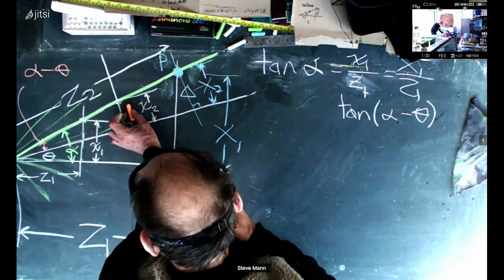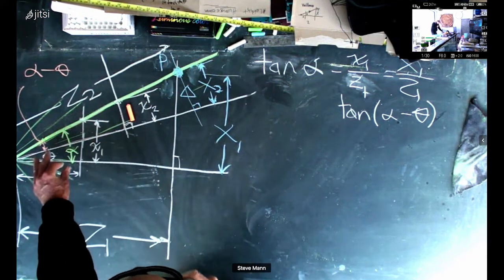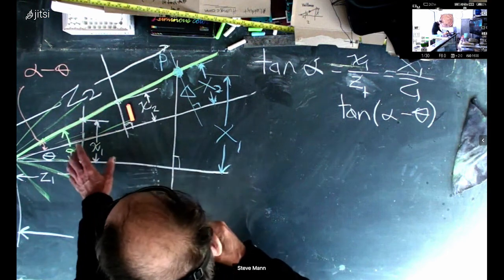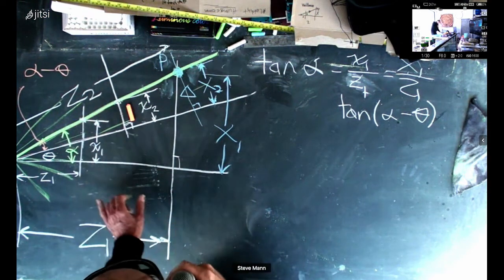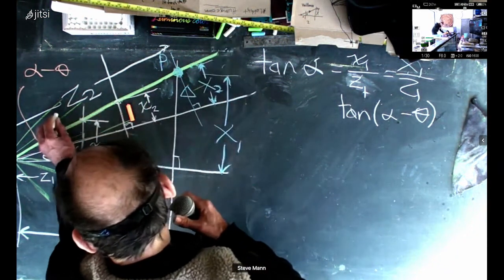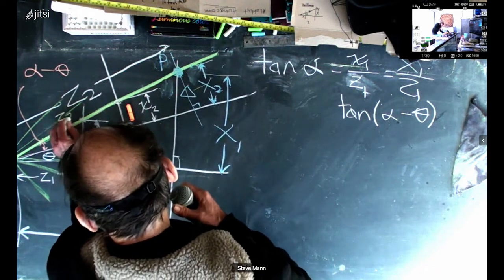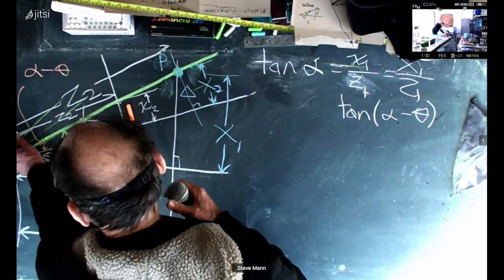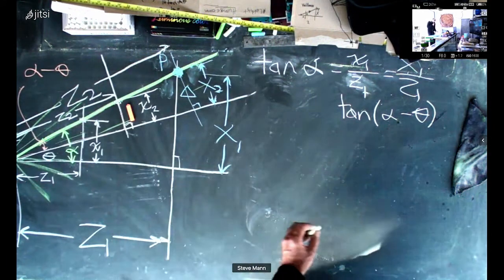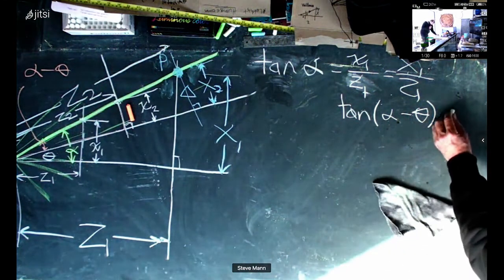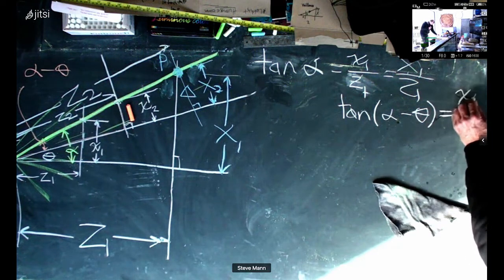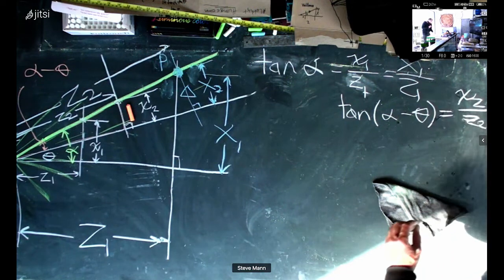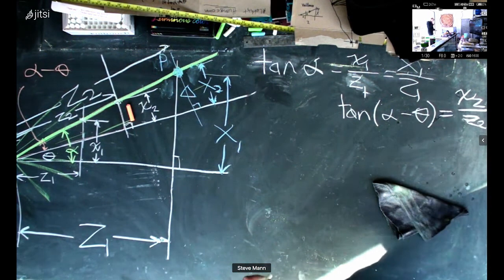And in that little triangle, tangent of that angle, which is alpha minus theta, is little x2 over little z2. And I'll just draw a little z2 as this distance here. And so this x2 over little z2 is also equal to big X2 over big Z2.